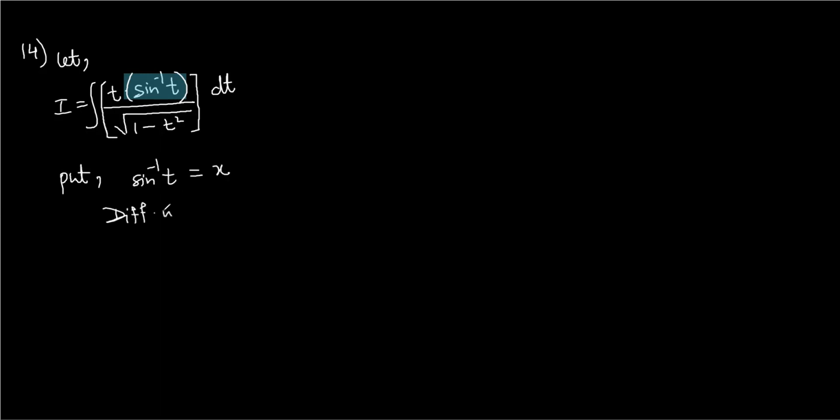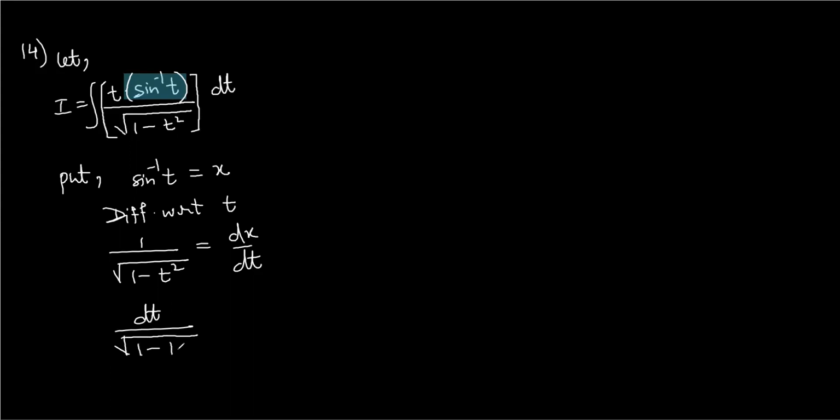Differentiating with respect to t, d by dt of sine inverse t is 1 upon root of 1 minus t square, and here I get d by dt of x. Now this dt comes in the numerator. I get dt upon root of 1 minus t square equals dx.